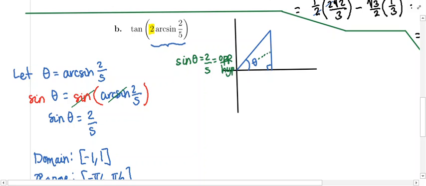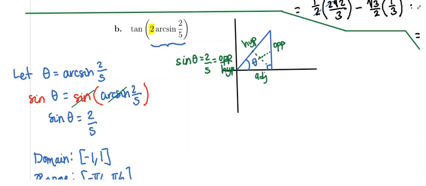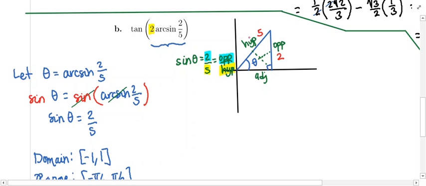If we go straight across from theta, this is the opposite side. Across from the right angle is the hypotenuse. The other side is the adjacent side. Since the fraction is positive, we can just equate the numerator and the denominator. So the opposite side needs to be labeled with a 2, the hypotenuse with a 5, and we can use the Pythagorean theorem to come up with the adjacent side.